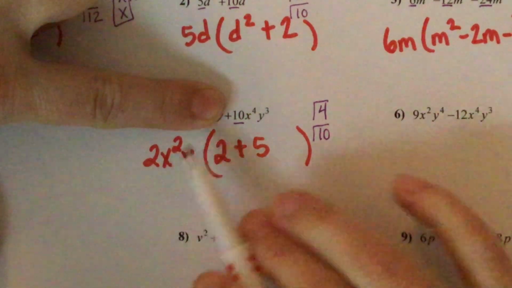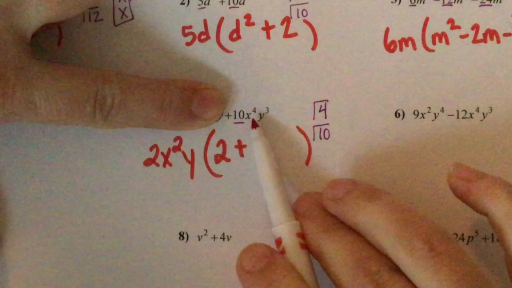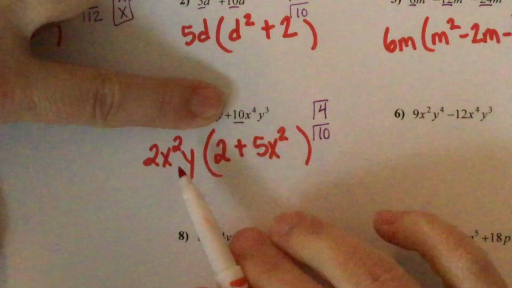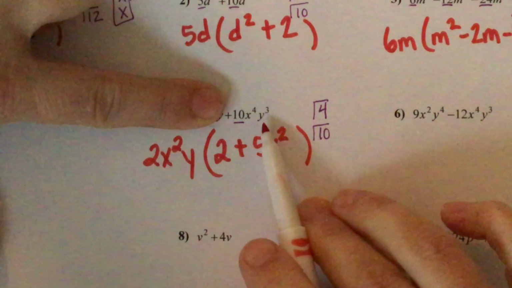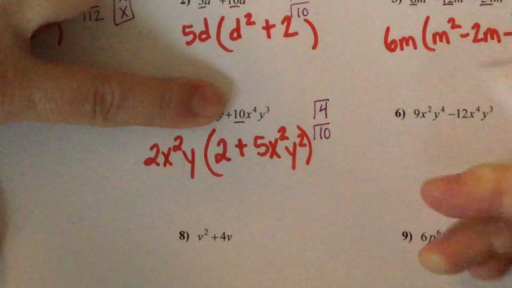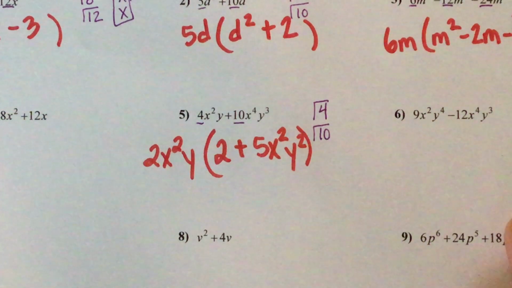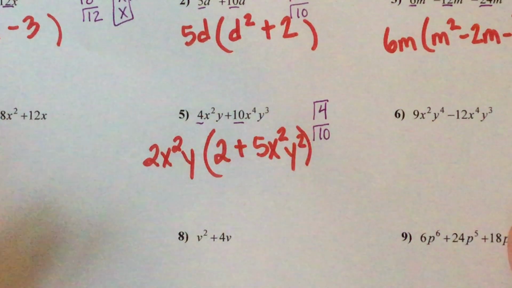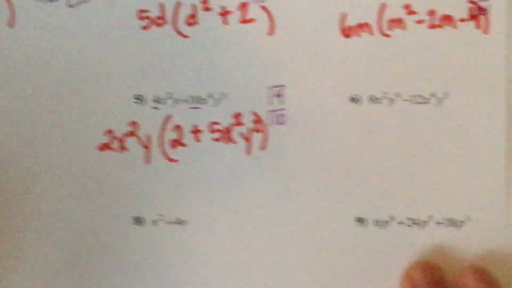You've got 2 x's, you want 4 x's. How many more do you think you need? 2. You've got 1 y, you want 3 y's. How many more do you need? 2. And that's our answer. What do you think? It's not too bad, is it? Okay, let's try another one like that.